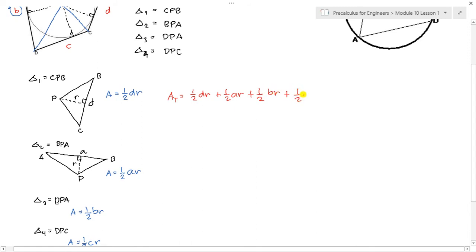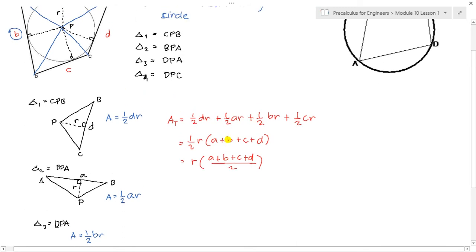Fourth is 1/2 CR. Since 1/2 R is common here, factor out 1/2 R. Rearranging, that is A plus B plus C plus D. Now, if we put the 1/2 with the four, that is R multiplied by A plus B plus C plus D divided by 2. What expression is this, A plus B plus C plus D divided by 2?